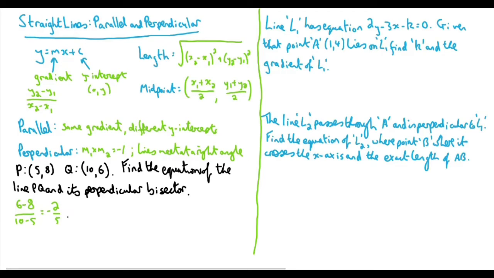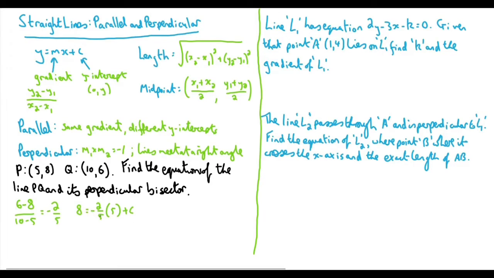What we can do here is now start plugging in values to this y equals mx plus c. We know y and x values from the coordinates we know it goes through, and we know the gradient now. All we need is the c. If we pick either of these pairs of coordinates, I'll pick P. So for y, we can say that'll be 8. Now that's going to equal, our m is that minus 2 over 5, your x is the 5, and then we have plus c.